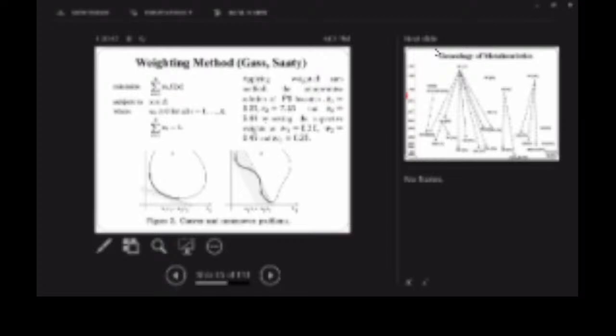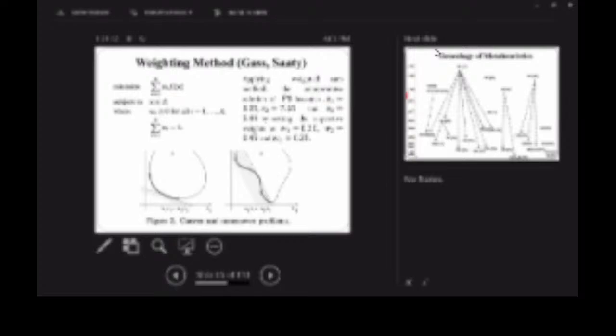Accordingly, you can design your weight sequence and write the objective function as W1 F1 plus W2 F2 plus W3 F3 and so on, subject to the constraints, and another constraint is added here: the sum of the weights should be 1. Then you solve.